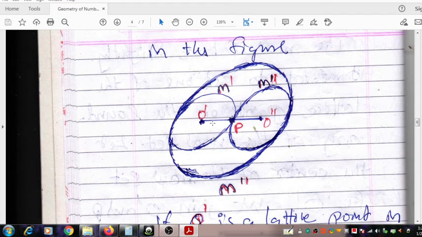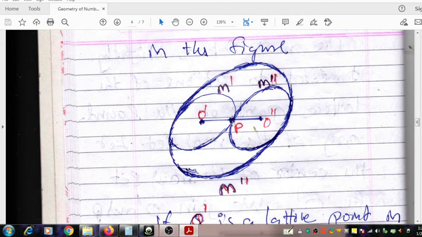One more thing is very clear: the point P is now the center of the line segment O prime O double prime, where O prime is the center of the M set M prime, and O double prime is the center of the M set M double prime.